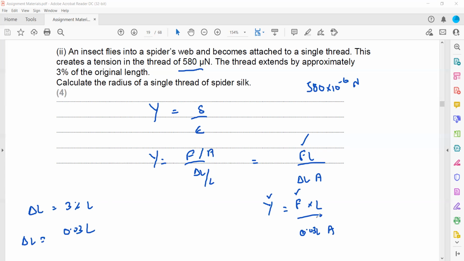So L will cancel with L, and we'll work out A. The area of cross section is pi r squared or pi d squared by 4. So after getting the area, divide by pi and take the root, and we'll get the radius of the thread. Is it clear, how we work out the radius of the thread?